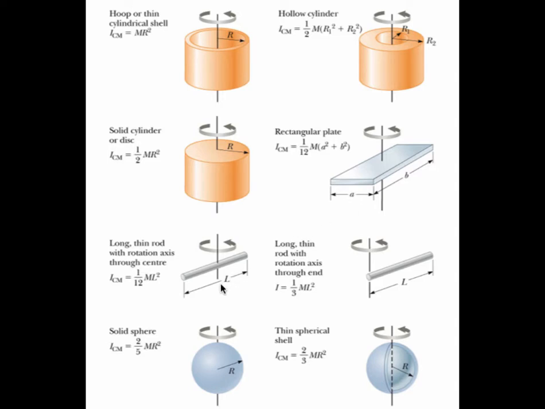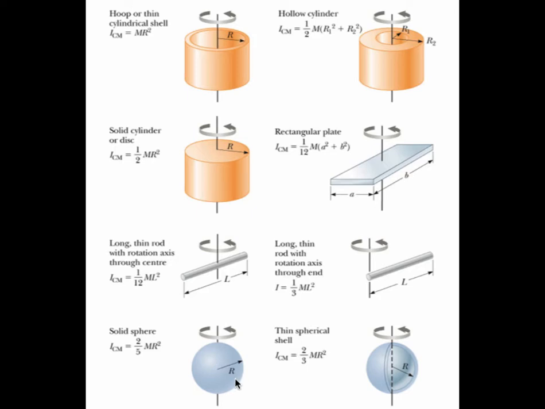You can also compare the long thin rod rotating about an axis through its center, which has a moment of inertia of 1/12 m times the length squared. However, the same rod now rotating about an axis through its end has a much larger moment of inertia of 1/3 of the same mass times L squared product.